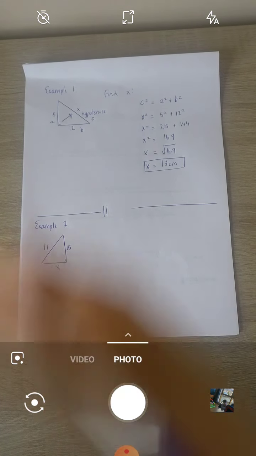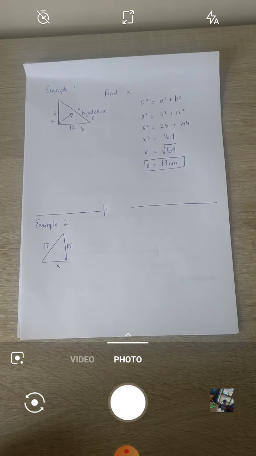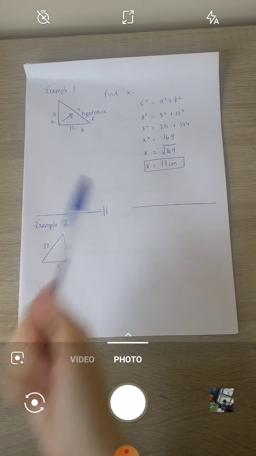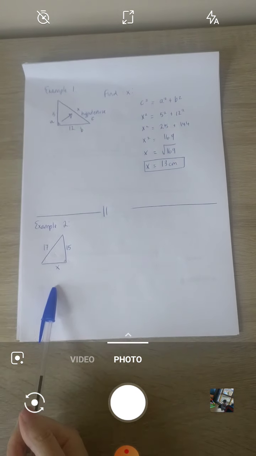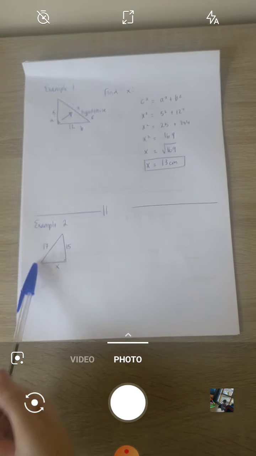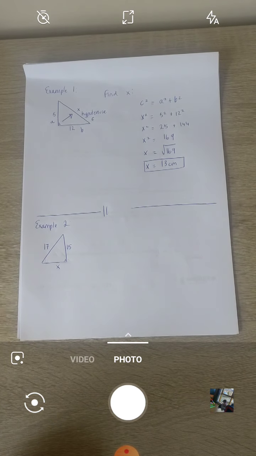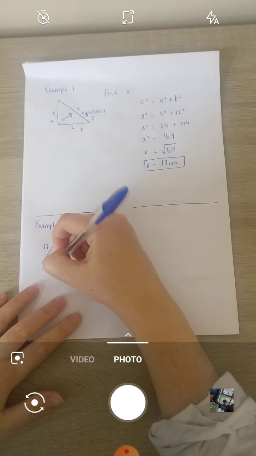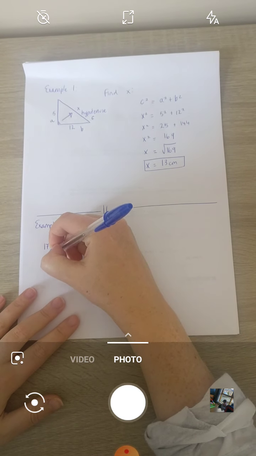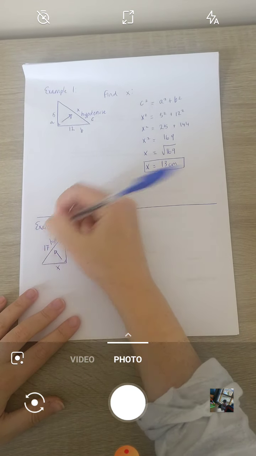So there's two different ways you're going to be able to use Pythagoras. So this is the first way where you're trying to find the hypotenuse. And in the next example, you're not trying to find the hypotenuse, you're trying to find one of the other sides. So as I said, we have a right angle triangle. Directly across from the right angle, we have our hypotenuse.